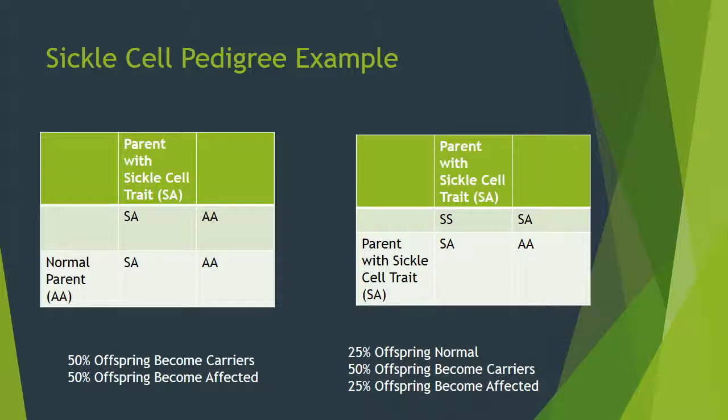On the right, two parents have the sickle cell trait. So you would have one offspring with sickle cell anemia, two offspring, or 50%, with the sickle cell trait, and then one would be normal.